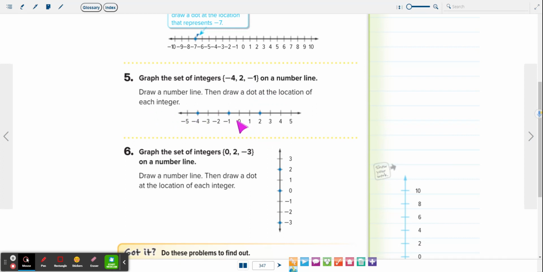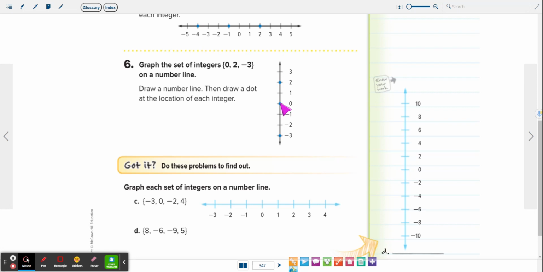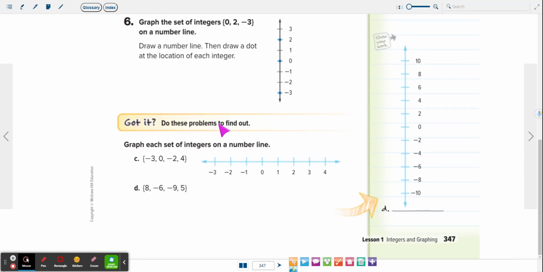So we draw the number line. At -4, we're going to put a dot. -1, we'll put a dot. And then on +2, we put a dot. That's all you do for those. Number 6, to graph those, you have 0, 2, -3. Just put the dots on the number line.